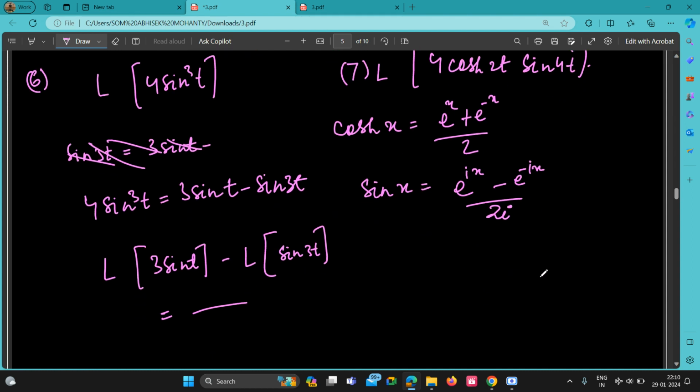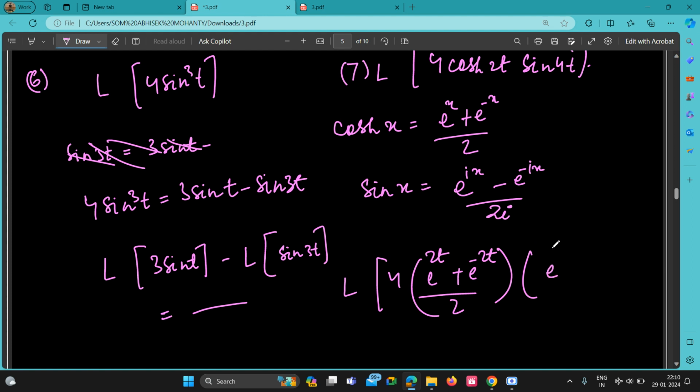So we'll just directly put it. Laplace of 4 times e to the power 2t plus e to the power minus 2t divided by 2, into e to the power 4it minus e to the power minus 4it divided by 2i.